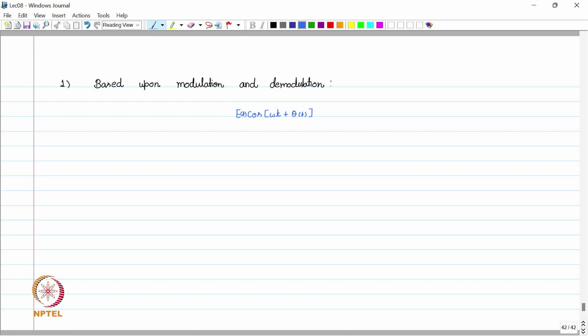This E can also be a function of time. So this is a simple equation of an optical wave, and we can change any of these parameters. For example, an intensity based sensor is the one where we change the amplitude E of this wave.